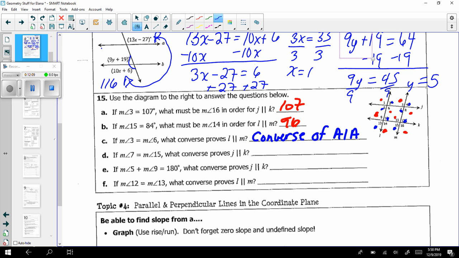If angle 7 is congruent to angle 15, what converse proves that these two lines are parallel? Well, 7 and 15 would be corresponding angles, so that's the converse of corresponding.